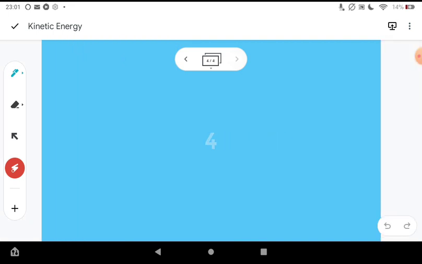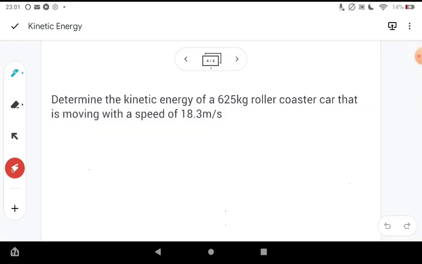However, let's just have a look at a practice question and how we'd go about approaching it. The first thing I always do whenever I get a question like this is I highlight any numbers. Even before I read the question, if I've got numbers, they're going to ask me to use them. Then I'm going to start reading the question. So, determine the kinetic energy of a 625 kilogram roller coaster car that is moving with a speed of 18.3 meters per second.